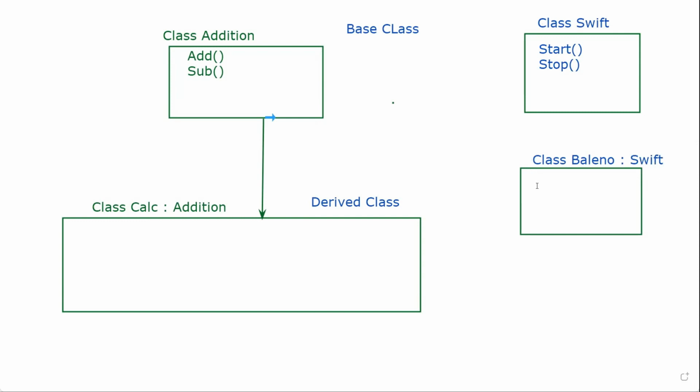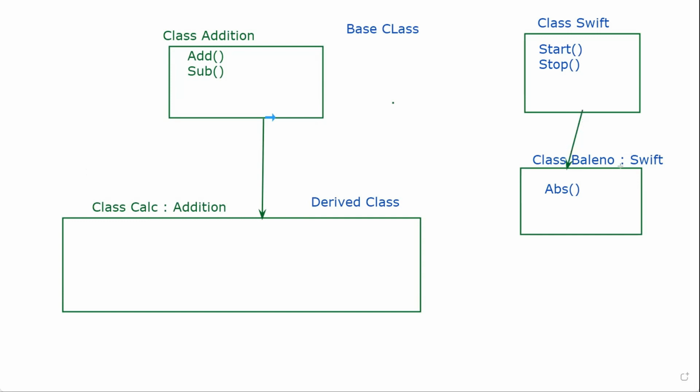Along with start and stop, you need not implement them again here. They are already in the Swift class, and we can reuse that. If you have any extra functionality, you can implement it here. So acquiring the features from one class to another class is called inheritance.